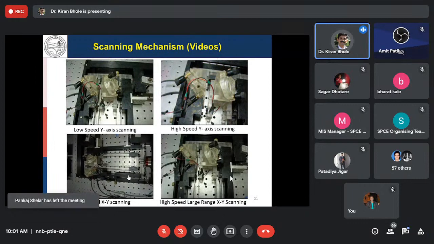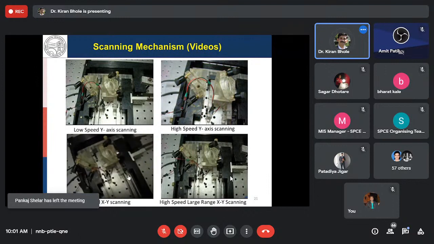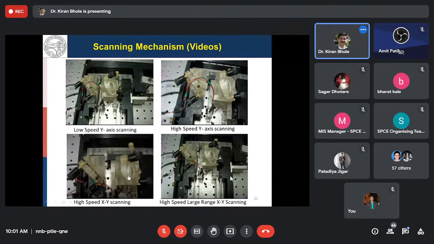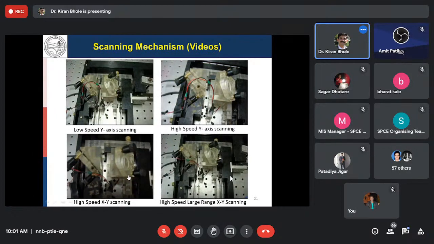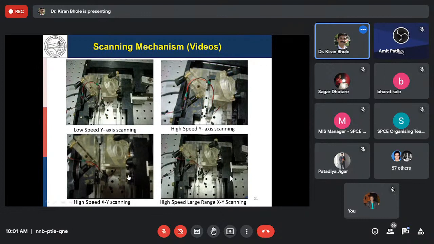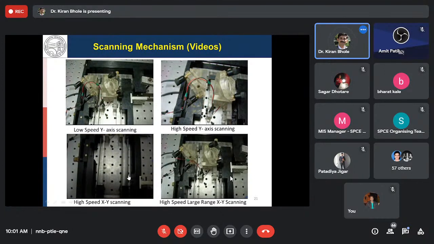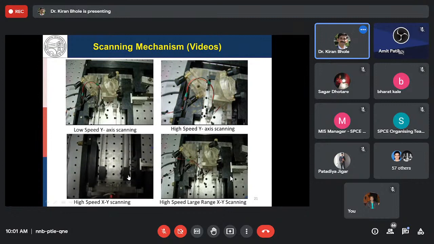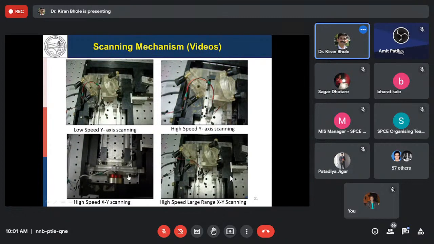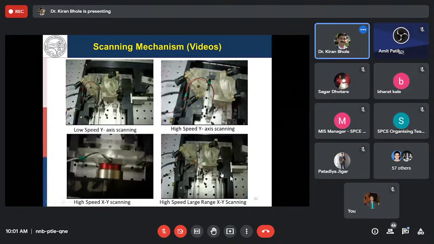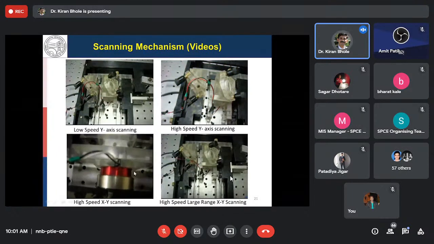So it is moving both in X and Y direction. This is the voice coil actuator moving this body over here.